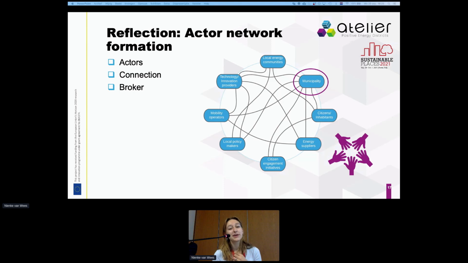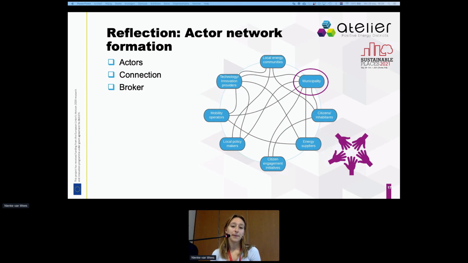But I think, well, for us it's also not the case, but when thinking about who should be the broker, you can also think about somebody who is really embedded in the network and maybe close to research, for example, because the municipality might not be as close to this research as you would like it to be.